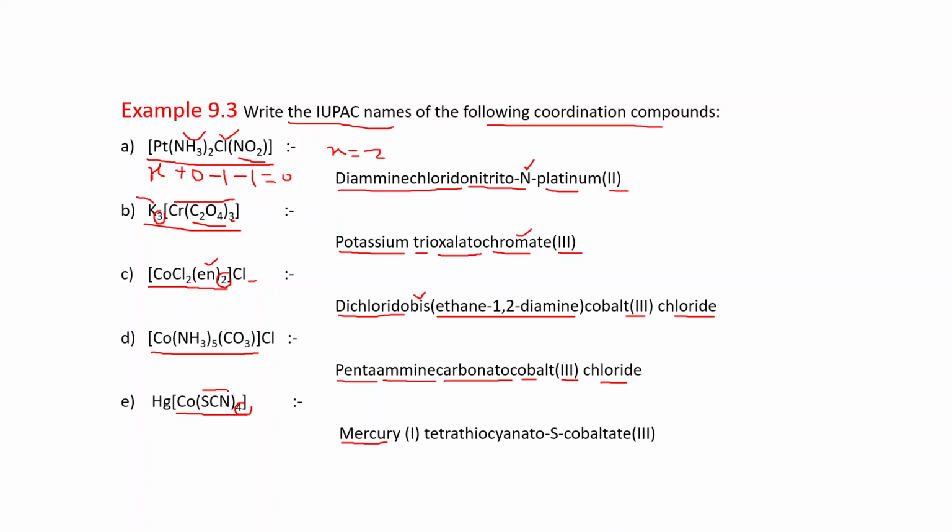Again, this is an ambidentate ligand, and sulfur is written first. That's why we can say sulfur is the donor atom. That's why we have written tetrathiocyanato-S. Central atom is cobalt, but this cobalt is part of the negatively charged coordination entity. That's why this will be written as cobaltate, and the oxidation number is 3. Yeah, thank you.